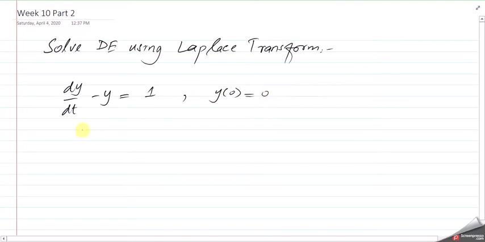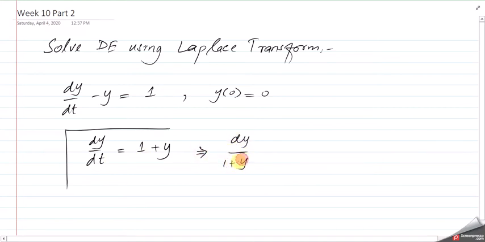We have solved this type of equations before. Let's just solve it without Laplace transform, just to recall what we are looking for. Clearly, we can send y on the other side, and now it's a separable equation, and we can write dy over 1 plus y equals dt, and that means log of 1 plus y equals t plus a constant.